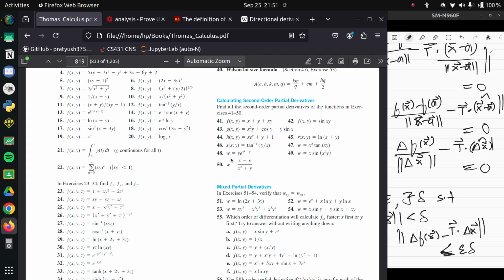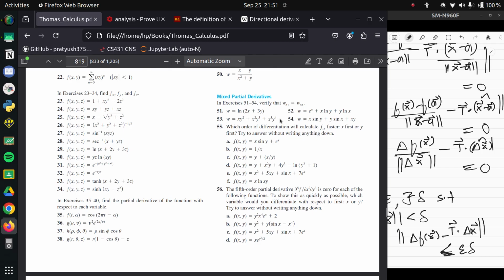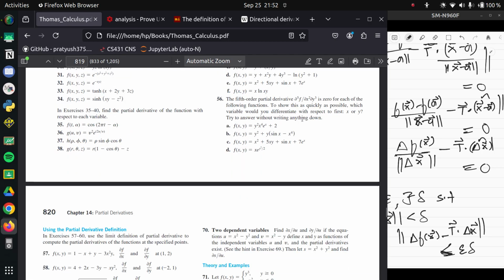Second order partial derivatives of the following functions. Really? I don't want to, and I won't. It's all just laborious. Just not interested. Okay, this is some more nonsense.